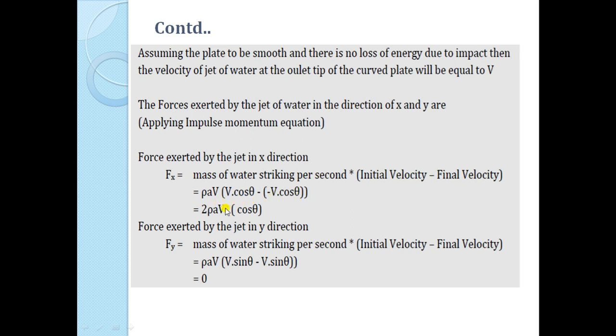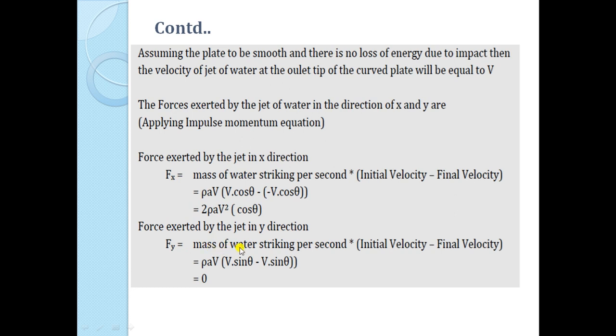So, if we simplify, it will be 2 rho a v square cos theta. Why? Because minus into minus becomes plus. So, force exerted by the jet in x direction is 2 rho a v square cos theta. Now, coming to the force exerted by the jet in y direction, given by Fy.